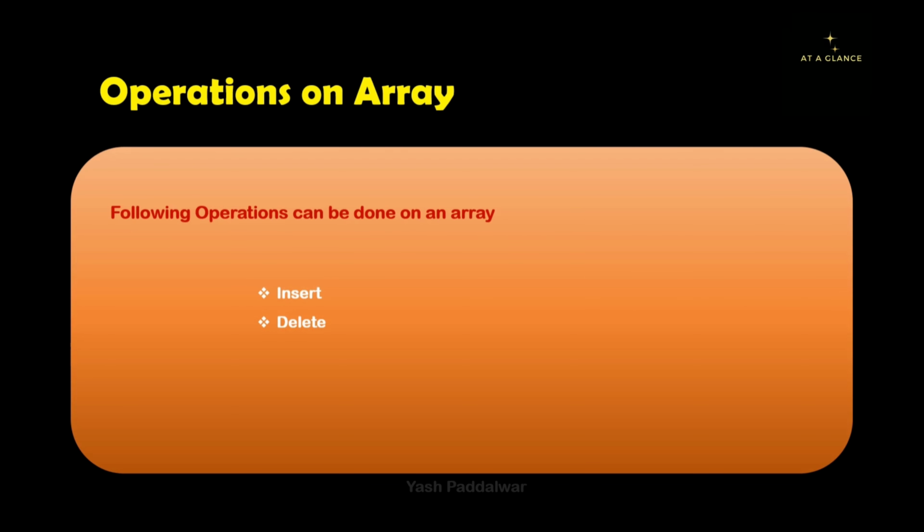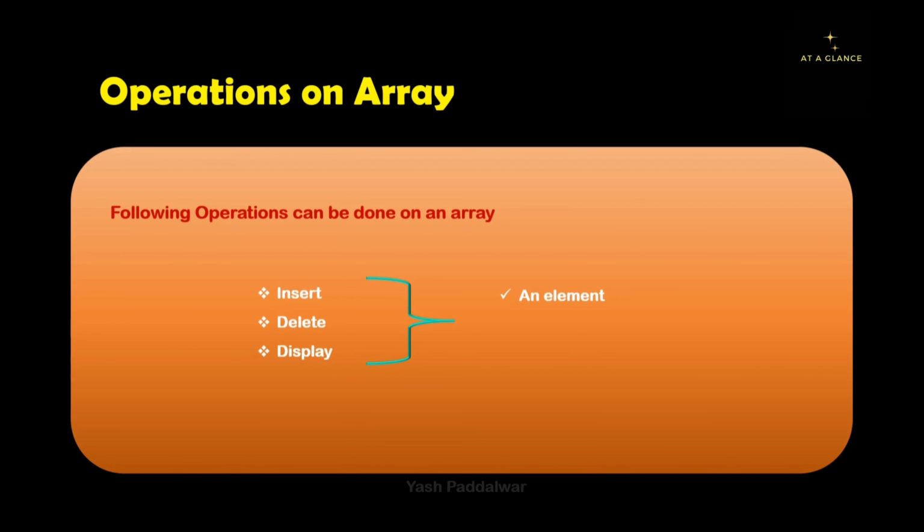The next operation is deletion. Similar to insertion, there can be many cases to delete an element inside the array. The third operation is to display the elements inside the array. As said, there might be many different cases to perform these operations.